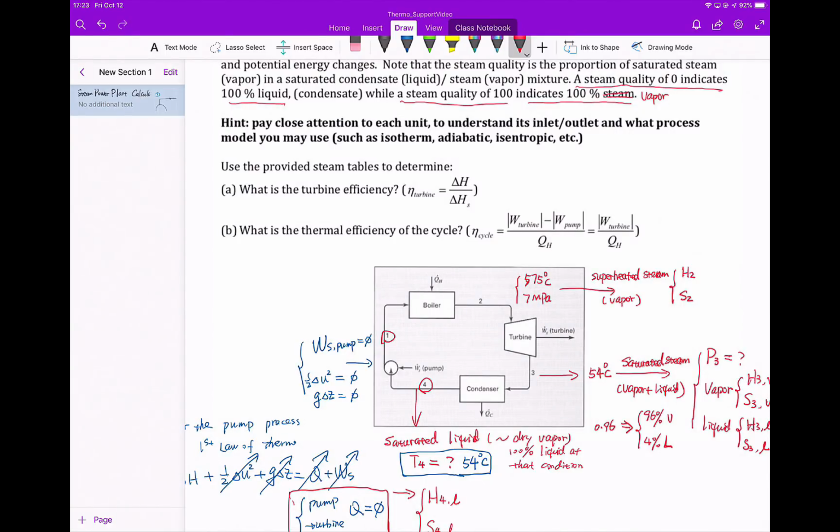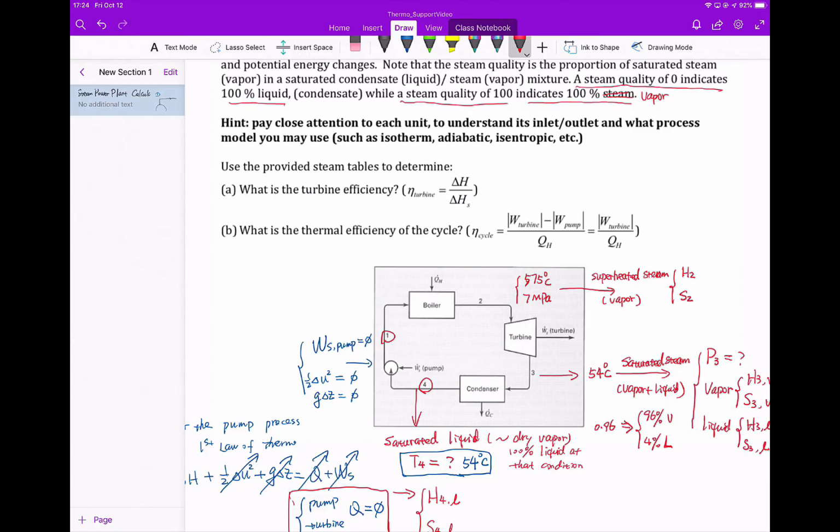So now the thermal efficiency of the whole cycle is, this is QH, this is the paid cost we do purposely. And then would be the useful work, generally defined as the shaft work difference between turbine and pump. Now, since we don't have any pump shaft work, this is simply the shaft work of the turbine over the QH.